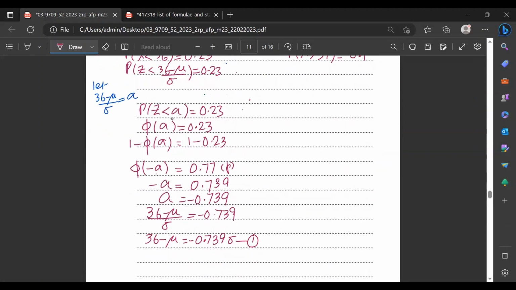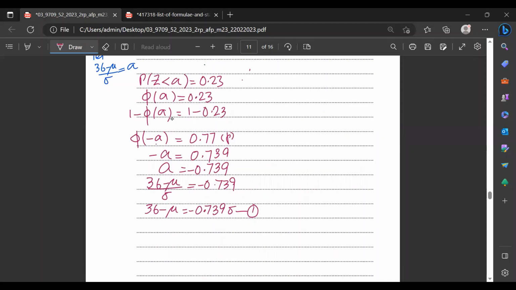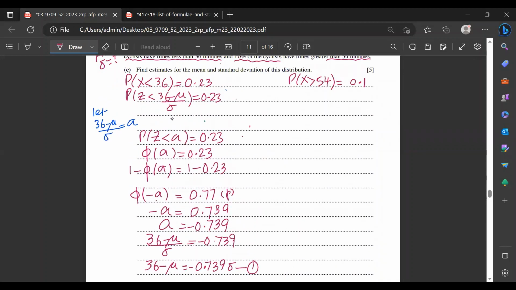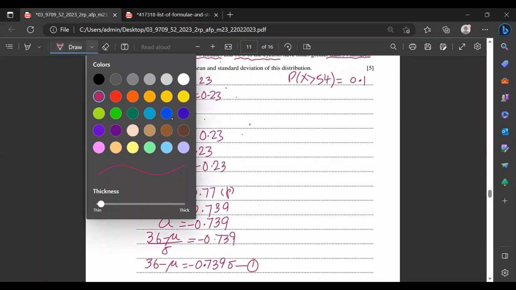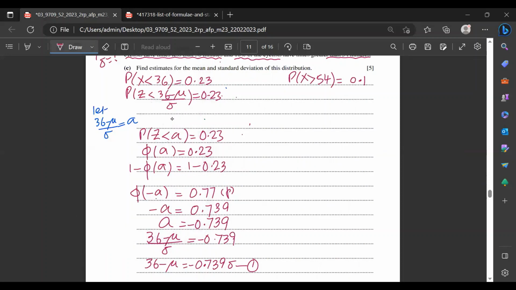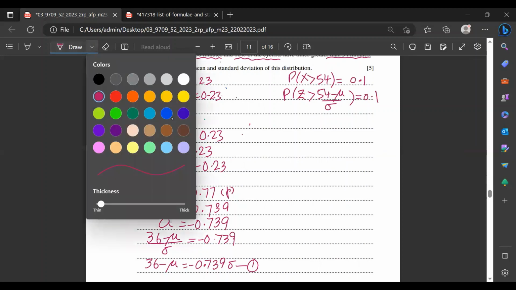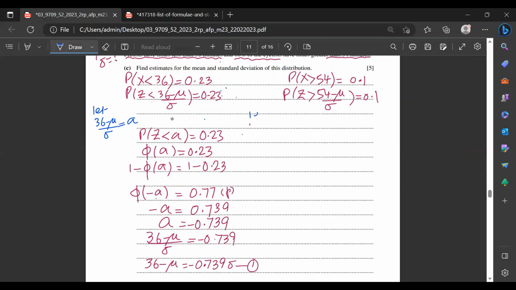In the same way, we will form another equation in mu and sigma, and then by solving them simultaneously, you can find the answers for mu and sigma. So let us come to the second condition. First, standardize: z greater than (54 minus mu) over sigma. For understanding, let b be equal to (54 minus mu) over sigma.